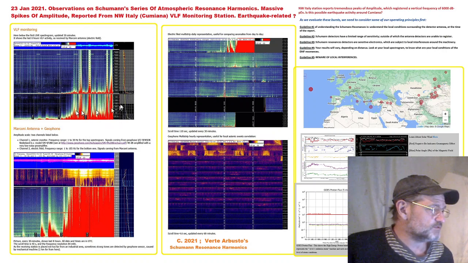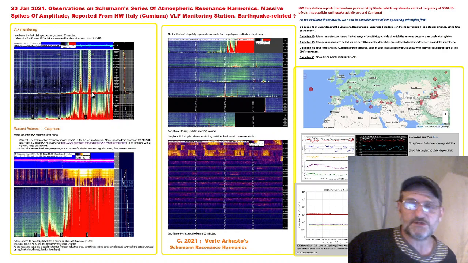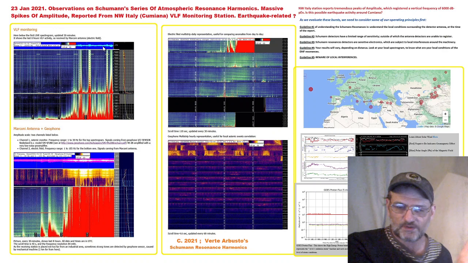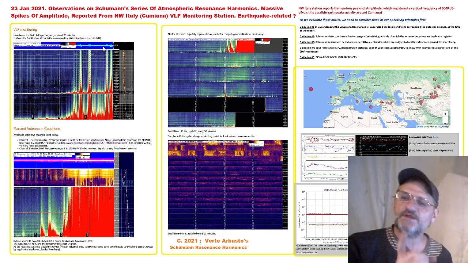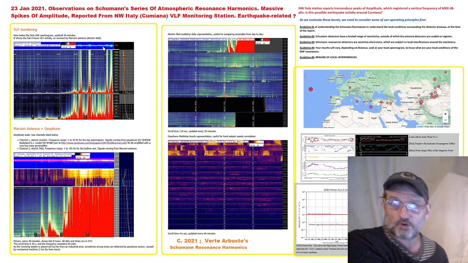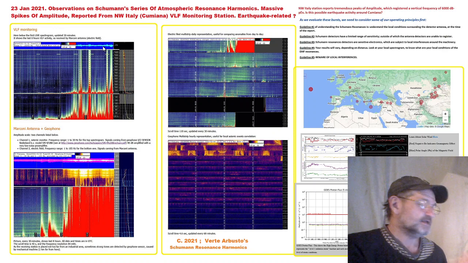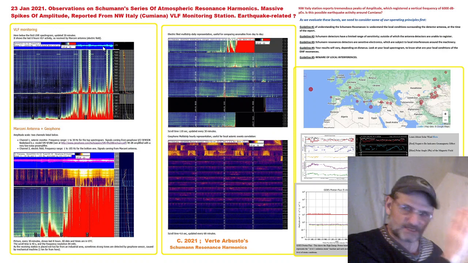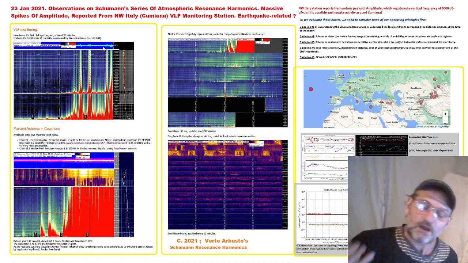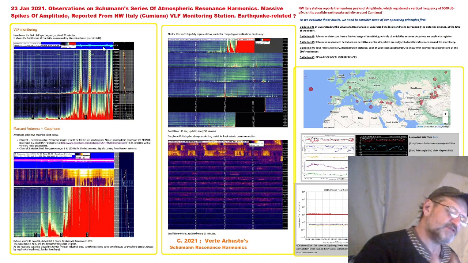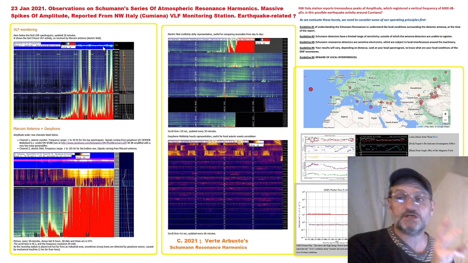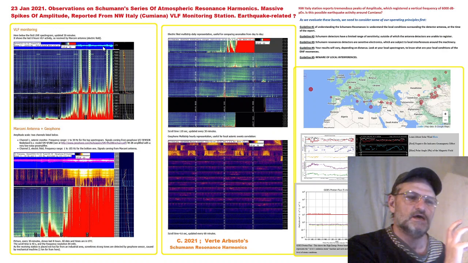So first off, this capture here is from the 22nd. The brand new, more recent one doesn't show any of this on it. So this is the teaching model that I'm using, even though it is not the most current. As a disclaimer, whenever I'm doing these, I always try to have the most current version of the Schumann Resonances up so you can use the current version as a reference.